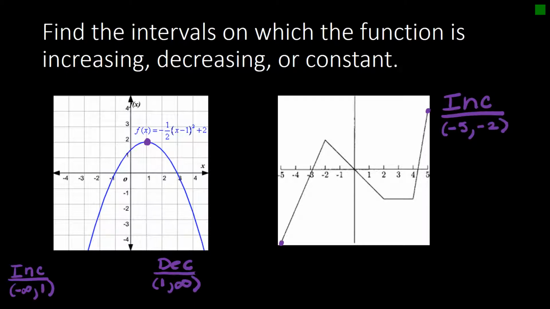And also remember that we are looking at the x values. Now if you look here at 4, the graph starts going up again all the way to 5. And this function is decreasing if you look back at -2, it's going down until we get to 2.